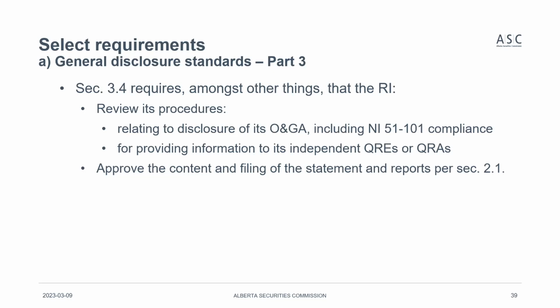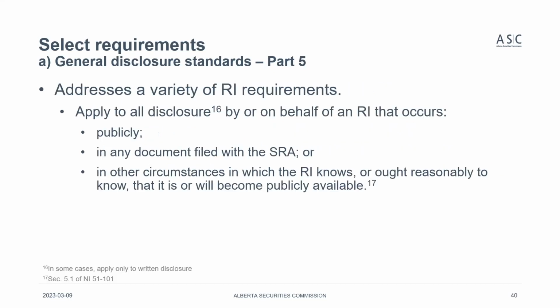And lastly, the reporting issuer itself is responsible for approving the content and filing of the statement and reports for section 2.1, so the annual filing. We'll talk in more detail exactly what we mean about approving the content and filing, and who's responsible for what, in a couple of slides coming up.